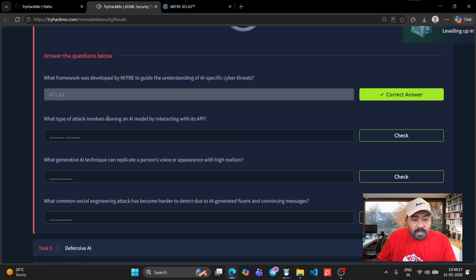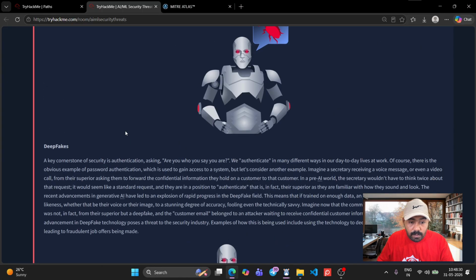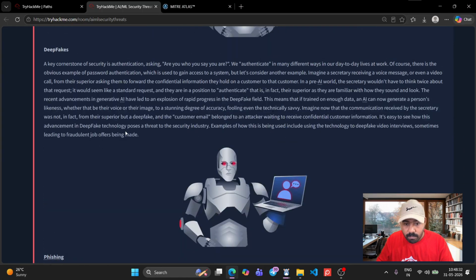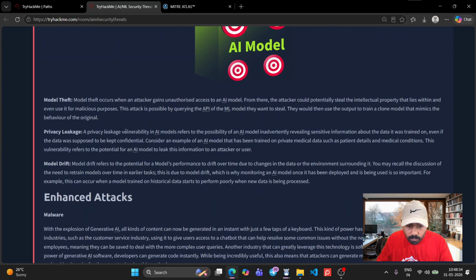What type of attack involves cloning an AI model by interacting with its API?